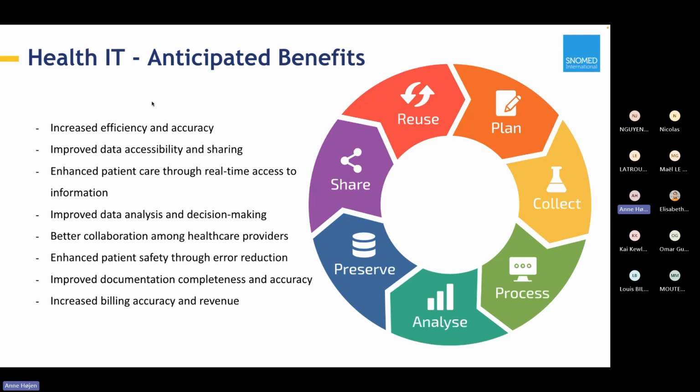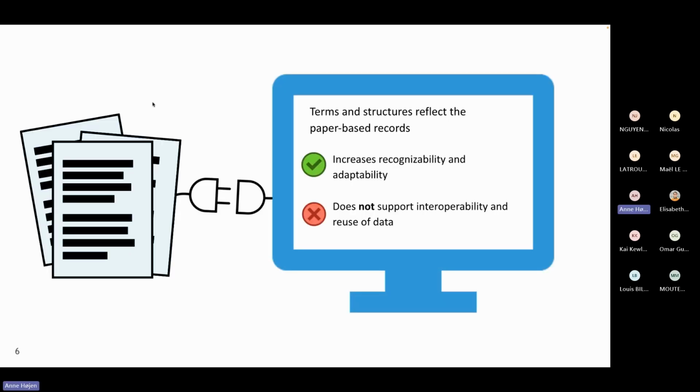I can assure you, you really need to do it in a proper way where you have actually thought about what benefits you would like to achieve. So it's not enough to just take your paper-based record and plug it in and have an IT representation of that.